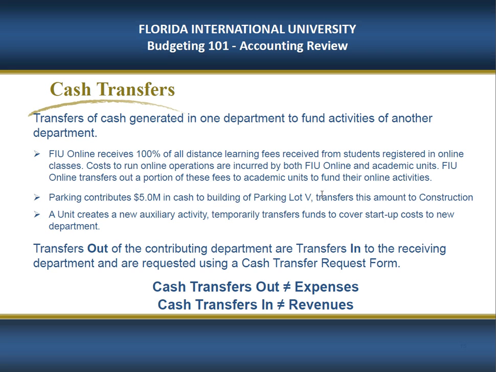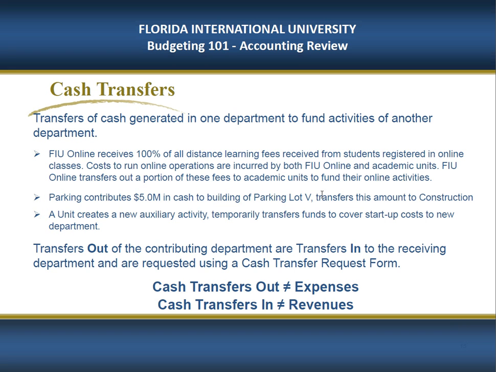Another example would be, let's say, cash for construction. Parking contributes $5 million to construction to build parking lot 5. That is a transfer out from parking. Finally, let's talk about creation of new activities. Let's say an academic unit creates a new auxiliary and they need to have some startup funding to be able to pay for expenses immediately.